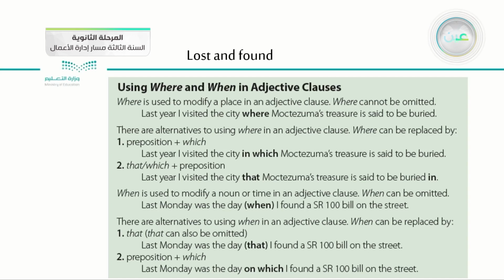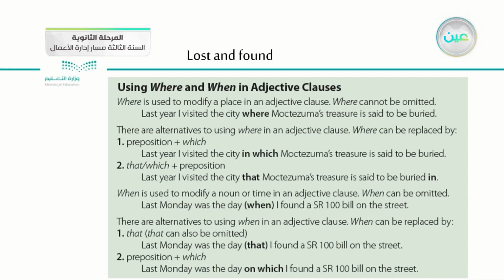If you look at this example here, last year I visited the city where Moctezuma's treasure is said to be buried. As you see here, we used where to describe the noun, which is the city. And of course, here we have the alternatives that we can use instead of where.